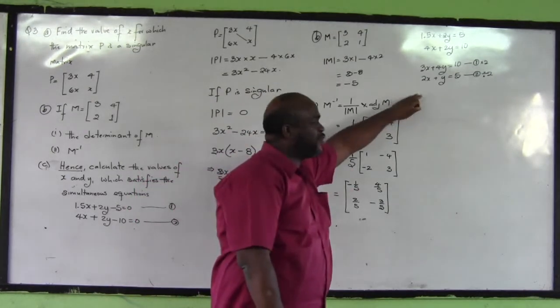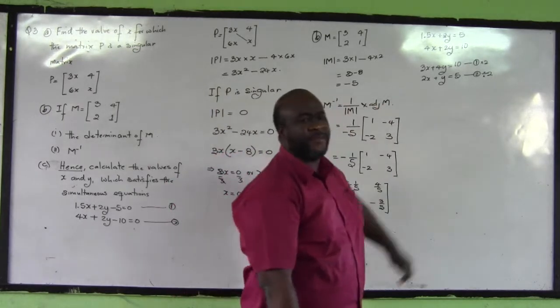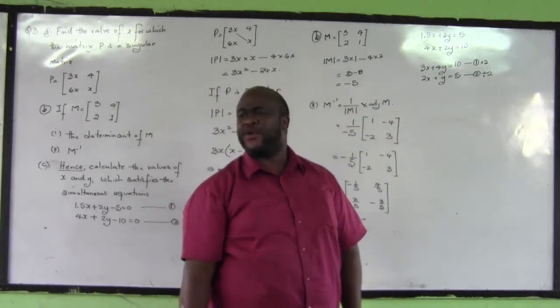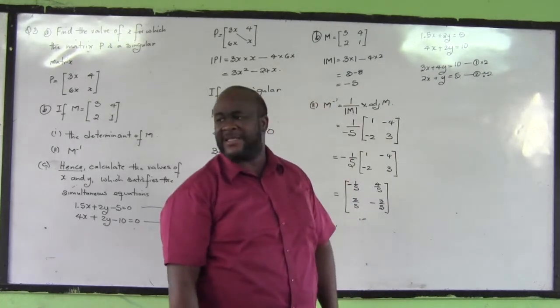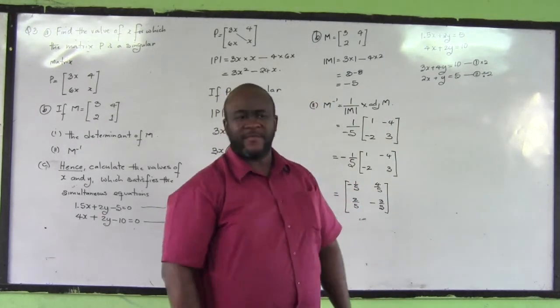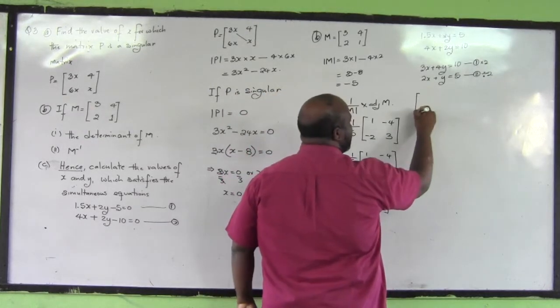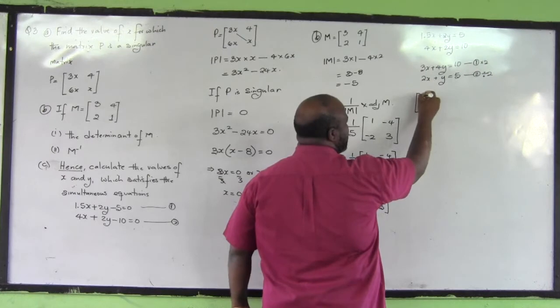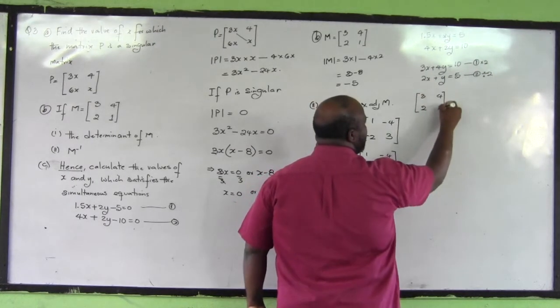Now, I need to solve this using a matrix approach. To solve this using a matrix approach, the first thing I'm going to do is to represent the simultaneous equation as a matrix equation. So to do that, I need the coefficients. This is called coefficient. This is 3, this is 2, 4, 1.